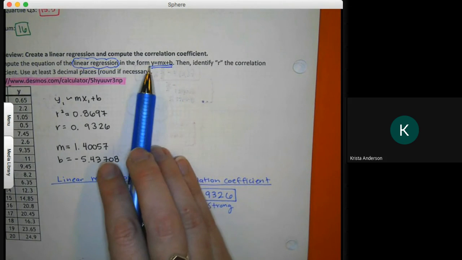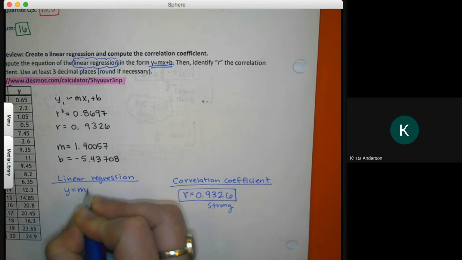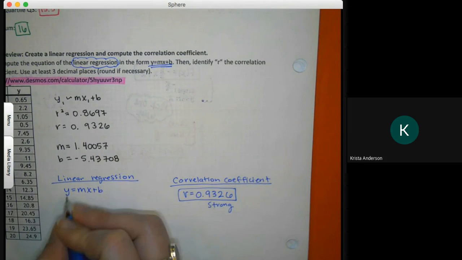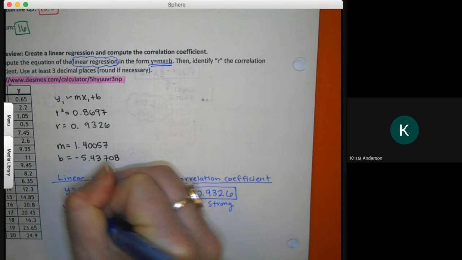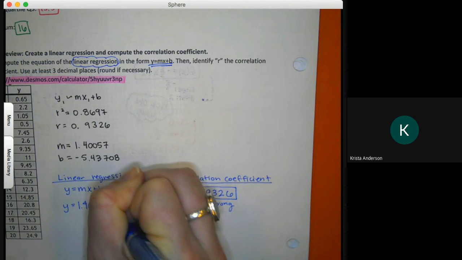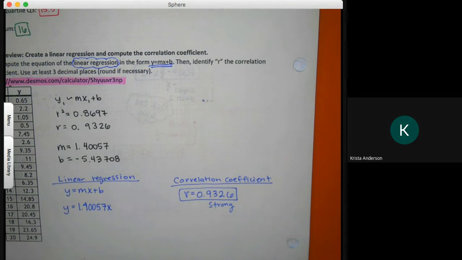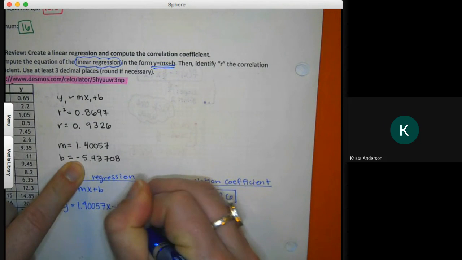So I have y equals mx plus b. Y will stay the same. So I would be 1.40057. Yes, 1.40057, and most of the time it's just easy to put that in. Then I put the b. Minus 5.